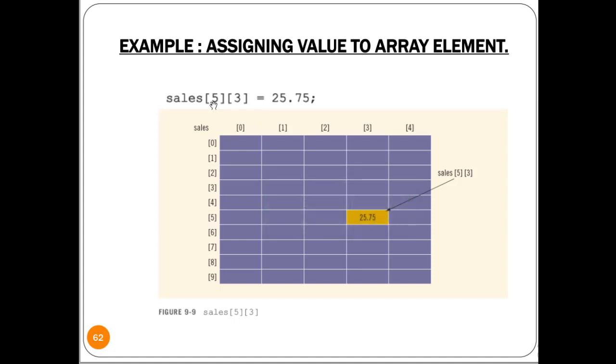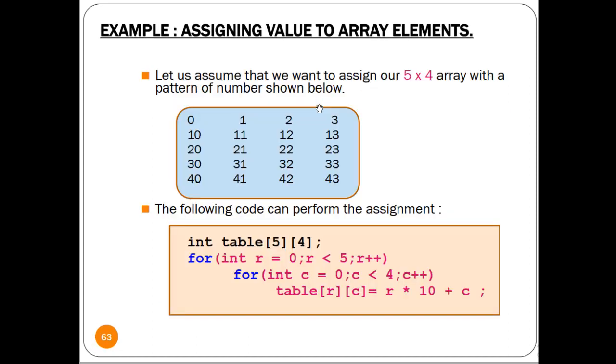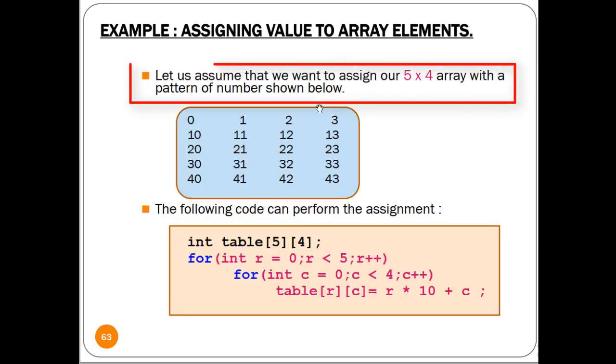The 6th row will have the index 5 and the 4th column will have the index 3. We can write the statement as sales[5][3] equals 25.75.